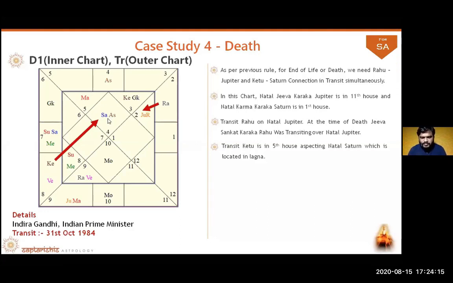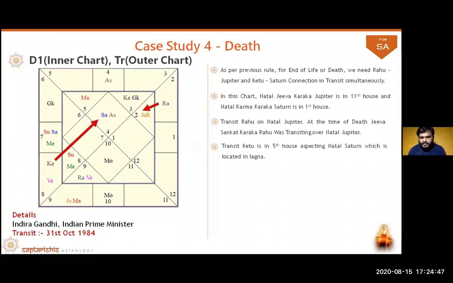Both conditions were fulfilled on that particular day, on that particular transit of Rahu and Ketu. It means we can predict death on this specific transit. You can consider that when Jupiter and Saturn both got involved, we call Ketu the Karma Mukti Karaka. कर्म से भी उसको मुक्ति मिल गई और जीव से भी मुक्ति मिल गई.